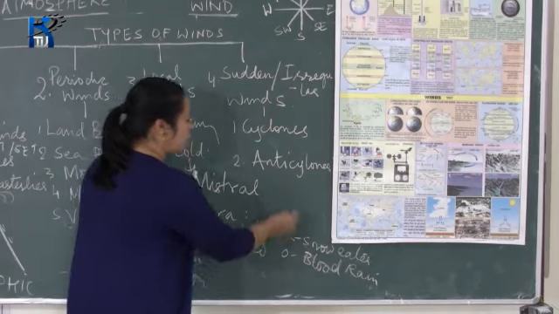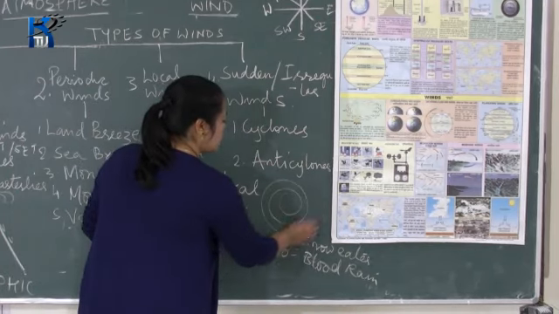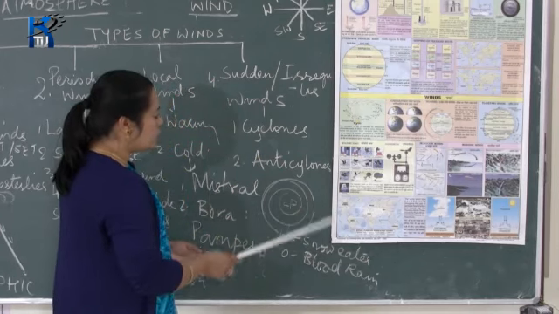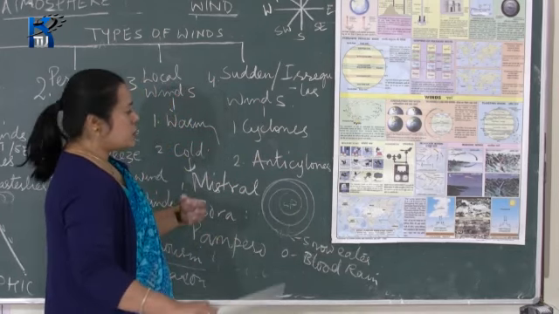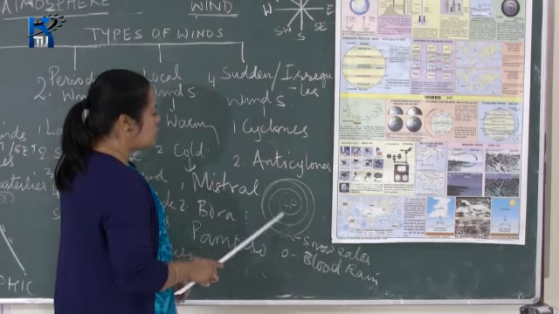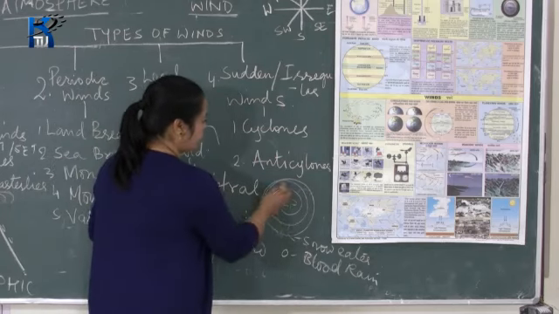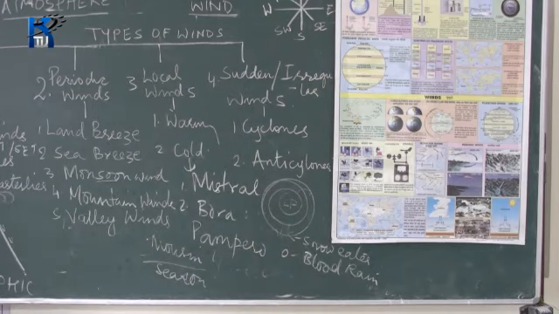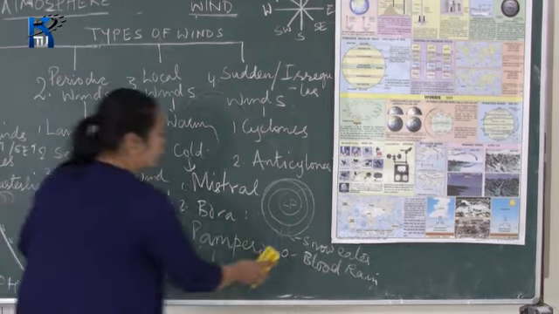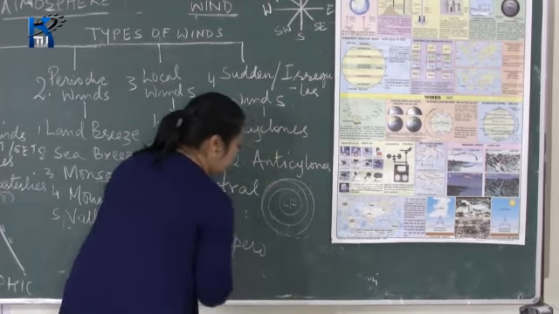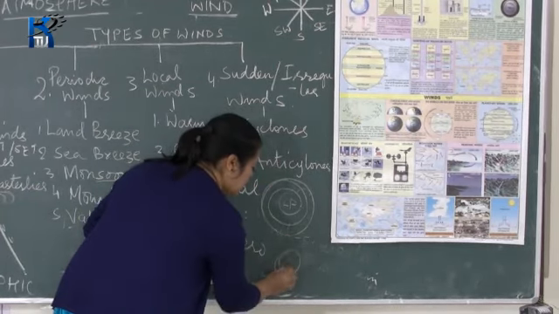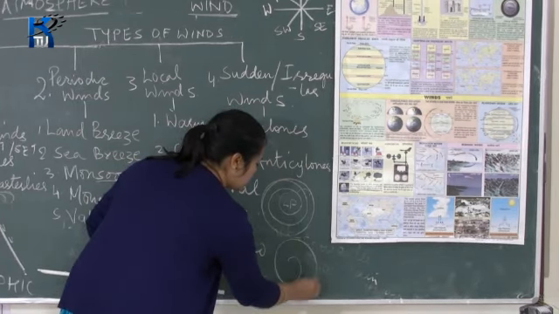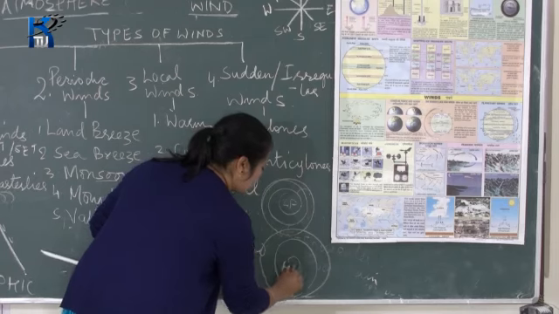Cyclones are the spiral wind which moves towards the low pressure centers. Wind which moves spirally towards the low pressure center is known as cyclones. And anticyclones are the spiral movement of wind from the high pressure towards the low pressure.